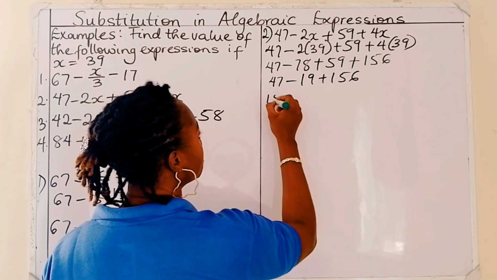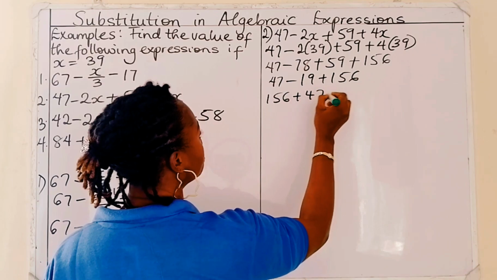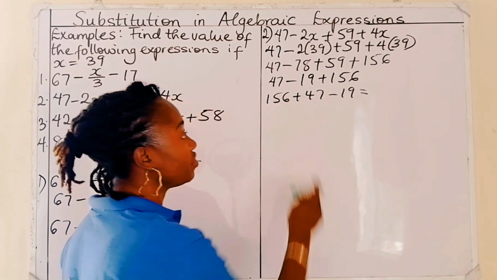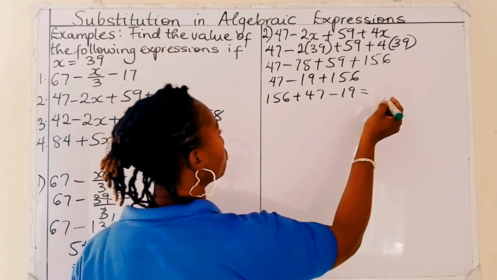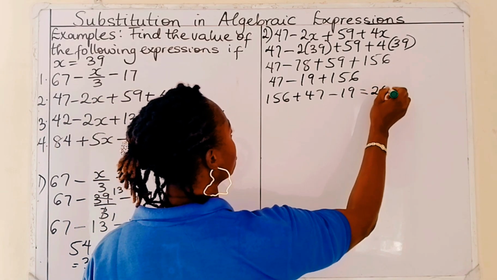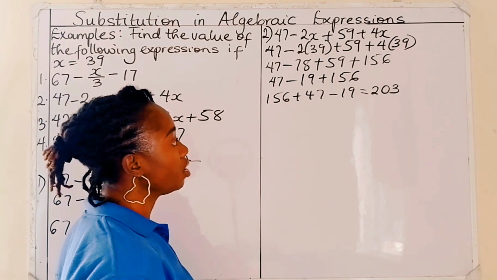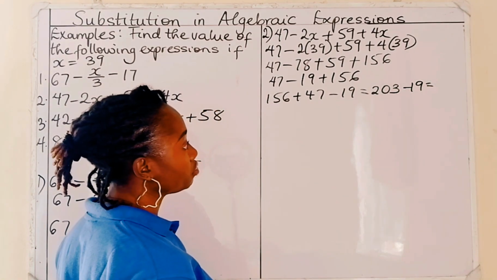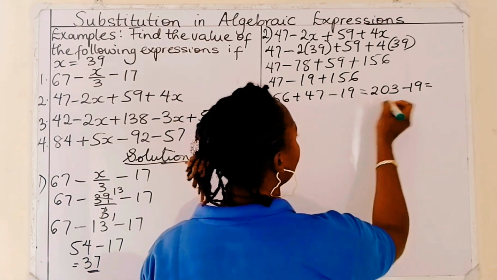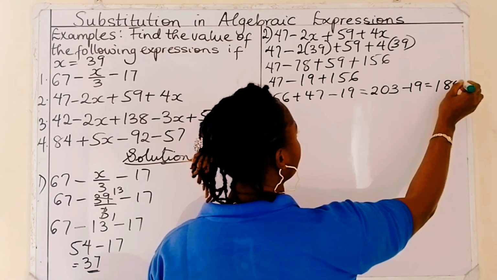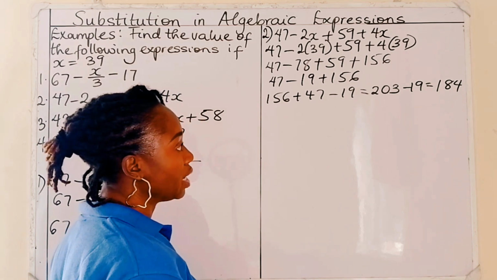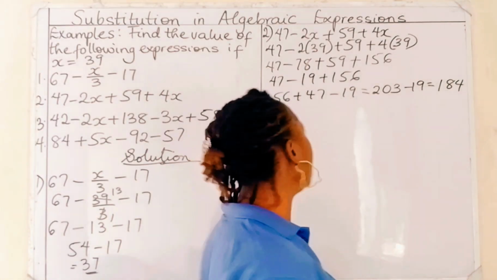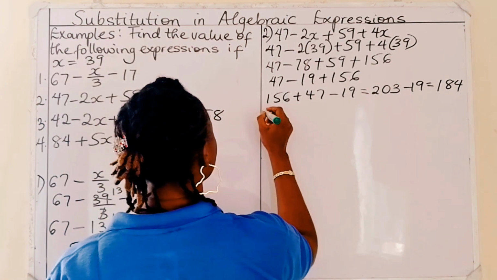So we have 156 plus 47 minus 19. 156 plus 47 will give us 203, minus 19. That gives us 184. Yes, 184, and that's the final answer.